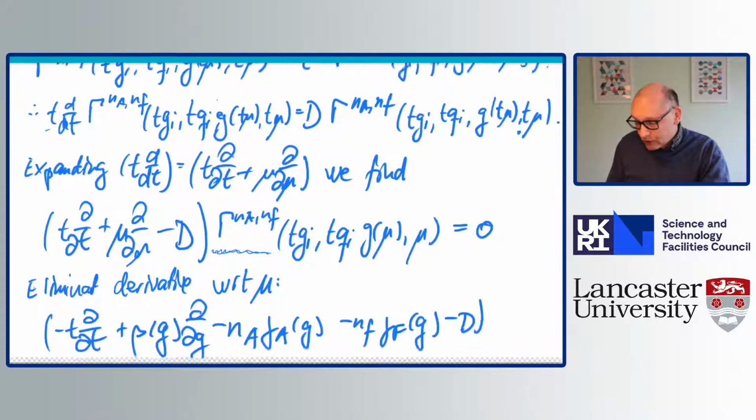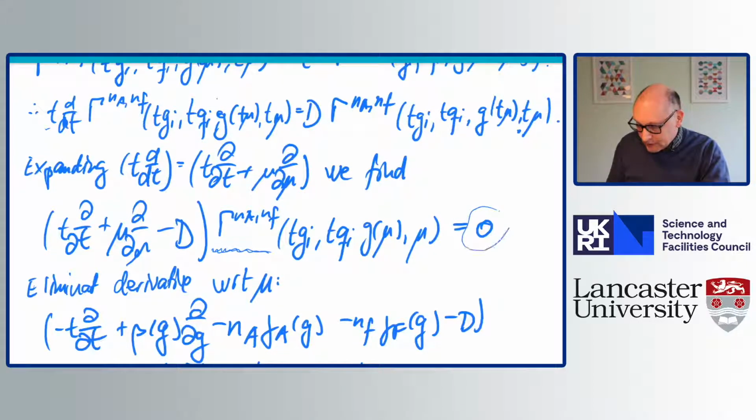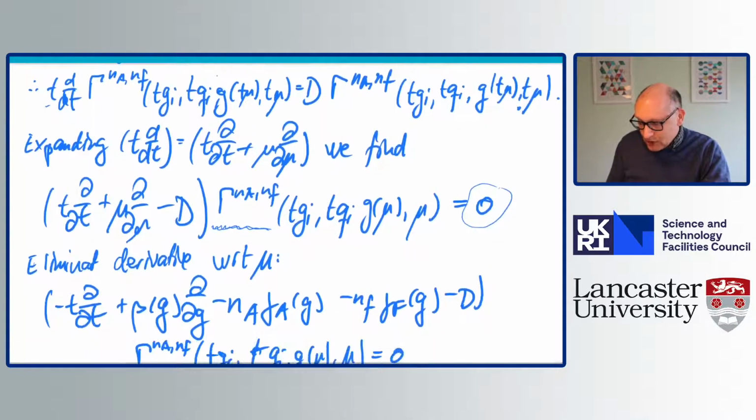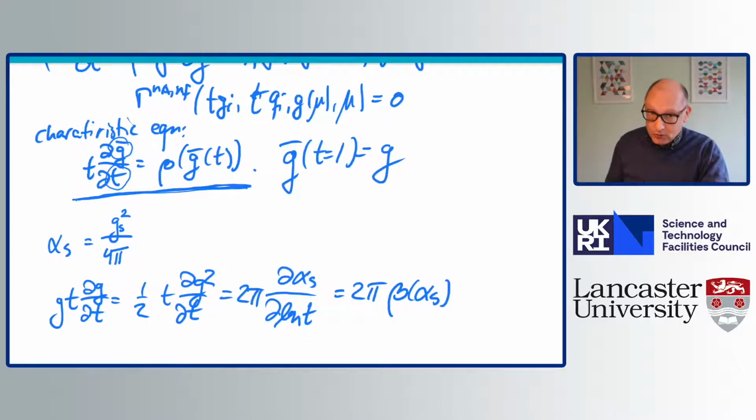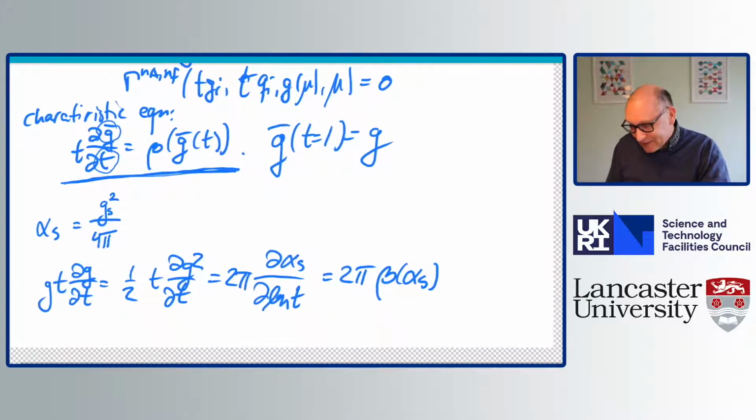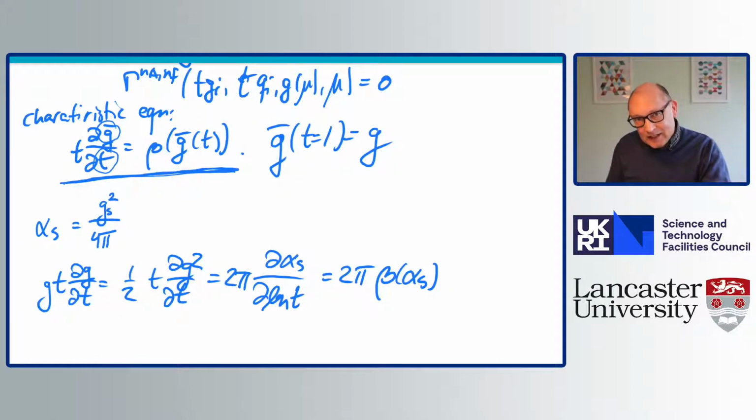If one were to calculate to all orders, then one would get 0, but because one only calculates perturbatively, there is a leftover mu dependence from the truncation of that series.